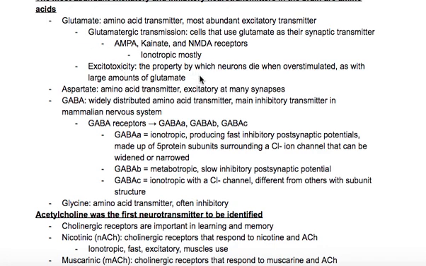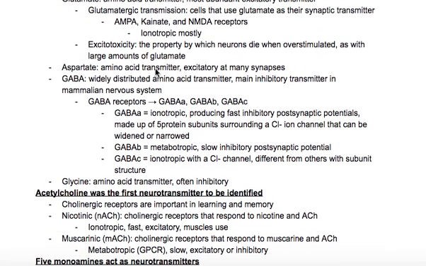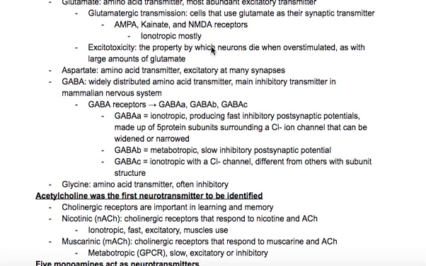Neurons die when they're overstimulated in association with large amounts of glutamate, which is called excitotoxicity. Aspartate, another amino acid transmitter, is excitatory at many synapses, while it can be inhibitory at other synapses.